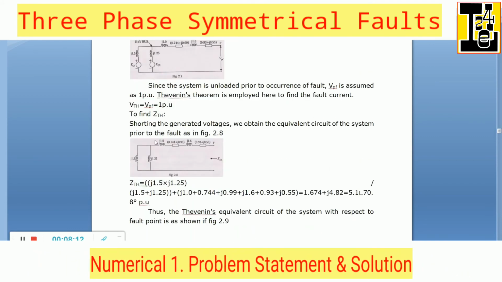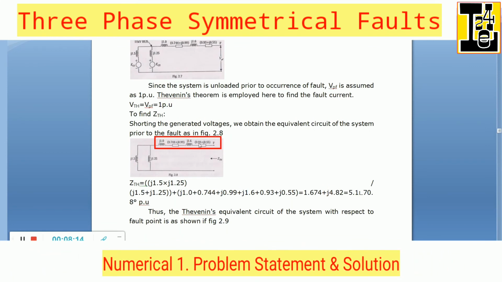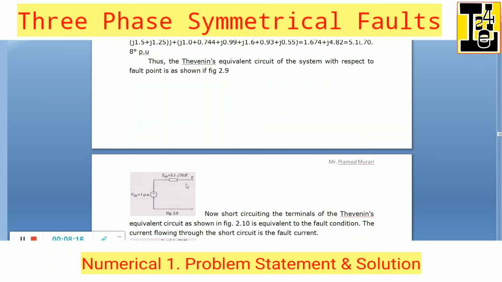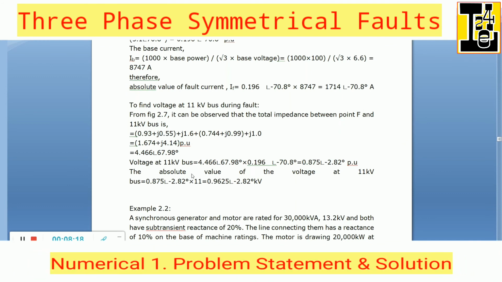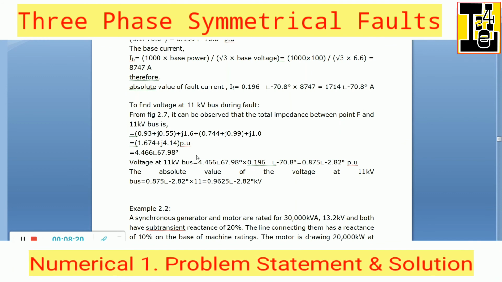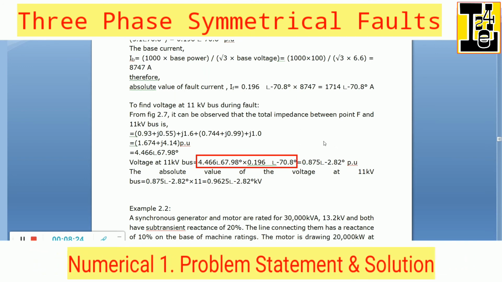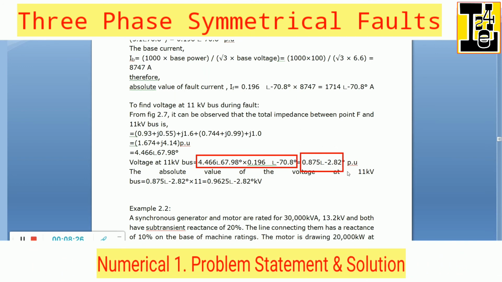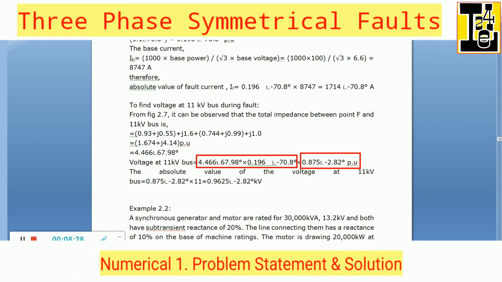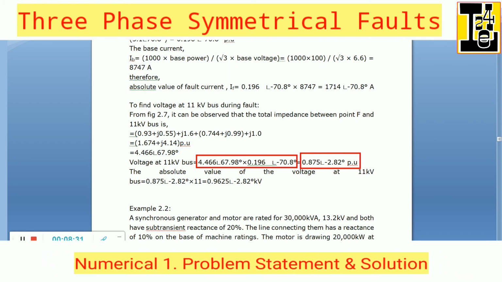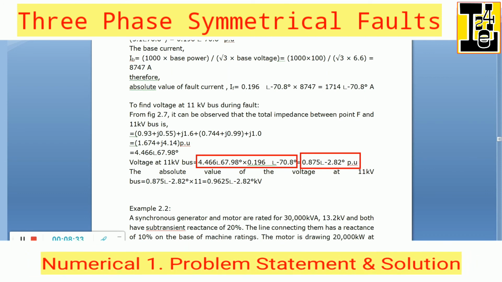So this is the fault impedance till the 11 kV bus. We need to multiply the fault impedance with the fault current. So we will get the voltage at the 11 kV bus during the fault as 0.875 at an angle of minus 2.82 per unit.